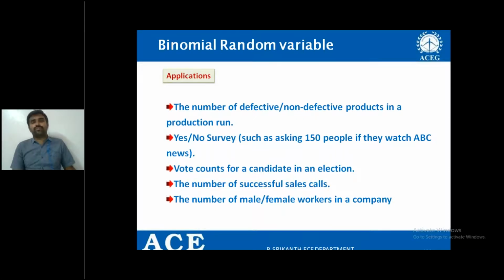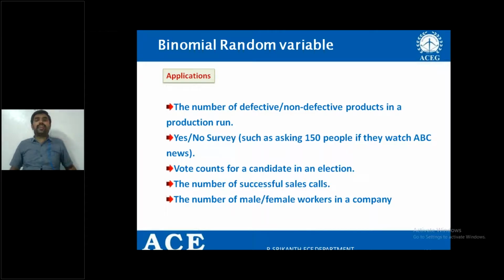Your answer may be either yes or no, right? So I'm conducting the same experiment, asking the same question 150 times, but the outcome has only two possibilities, yes or no. Therefore such an outcome can be represented by using a binomial random variable, right?